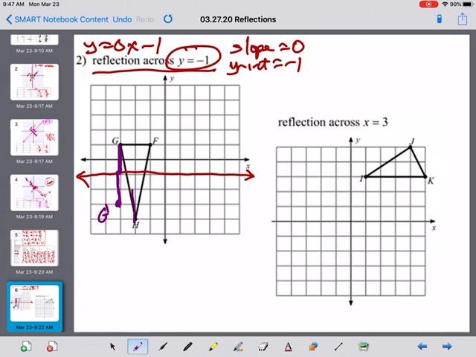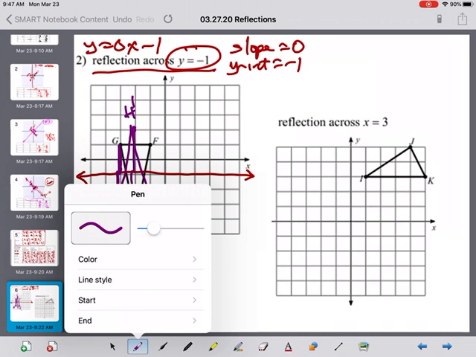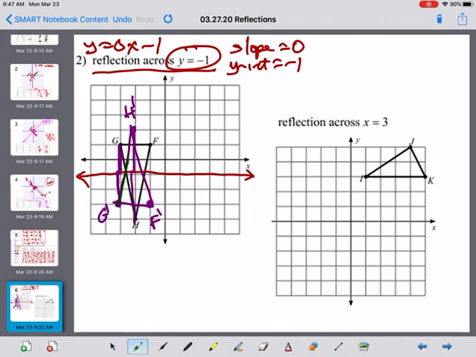H is 3 units away underneath, so it'll be 3 units above for H prime. And then F is 2 away, so 2 below. And then connect your 3 points. Oh, that's kind of a mess. Let's change the color there. And there it is. There's the reflection over the line y equals negative 1.